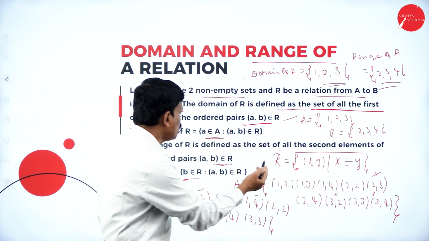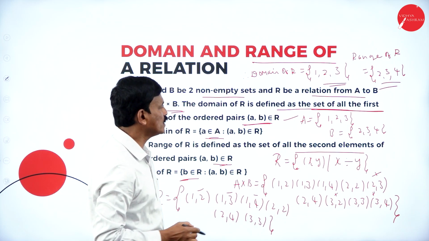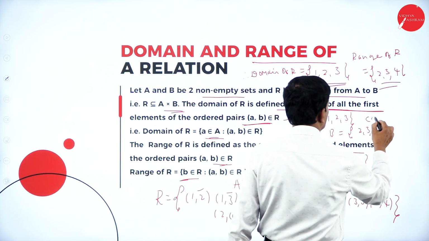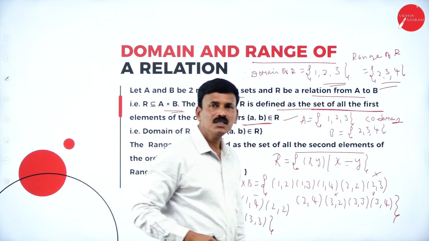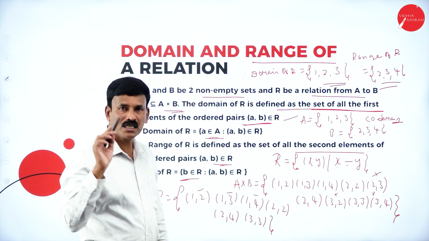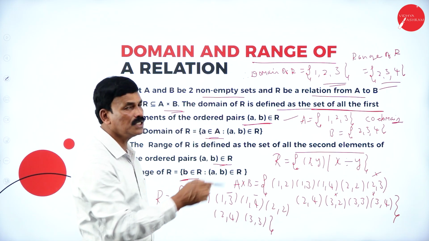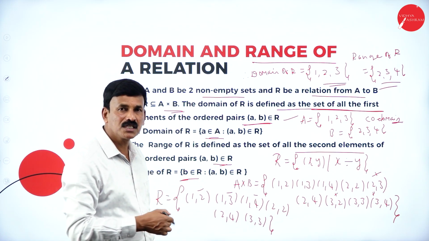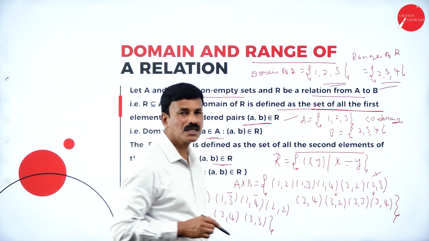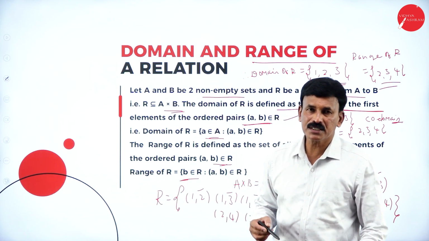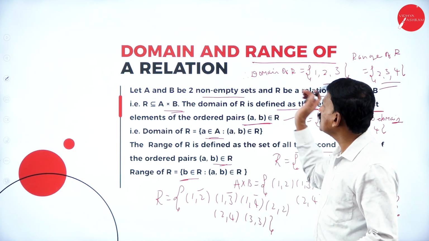And the set B itself is called the codomain. So, the set of all first elements is the domain, {1, 2, 3}. The set of all second elements of the relation R is the range. This is how we write the domain, range and codomain for a relation.